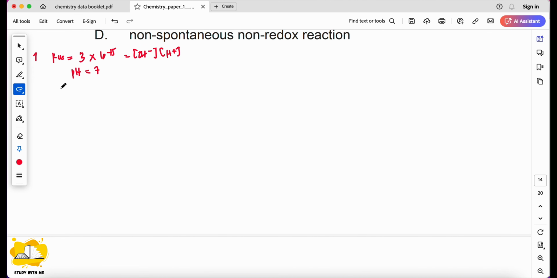Therefore, let's plug into this formula. So it's 3 times 10 to the power negative 15, and the concentration of H plus is 10 to the power negative 7 because pH is 7. Okay, so OH minus will be 3 times 10 to the power negative 8.